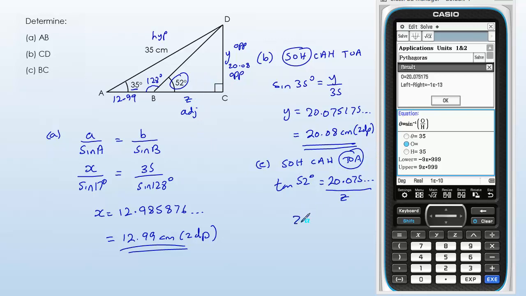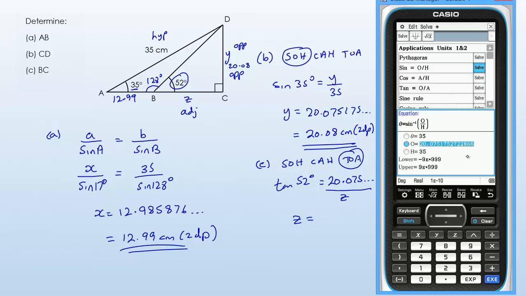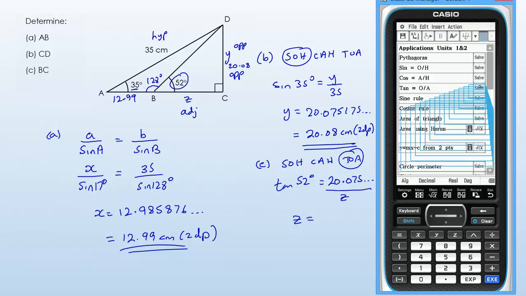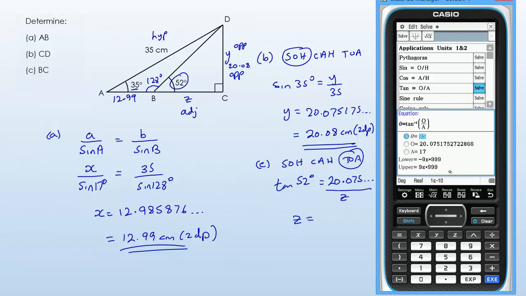But we can use the activity for that as well. So, notice how this is highlighted, and it's actually the value I want. So I can actually copy that. And we're using the tangent. We know the angle is 52.